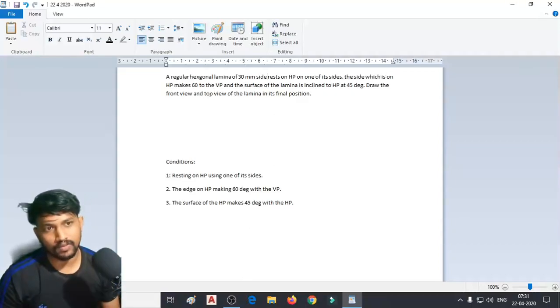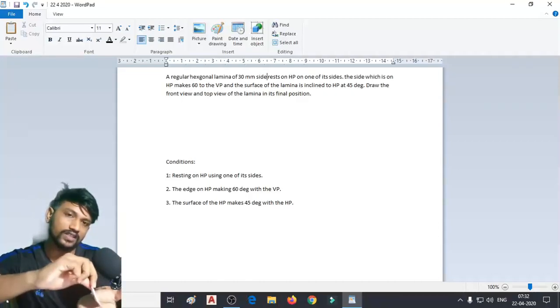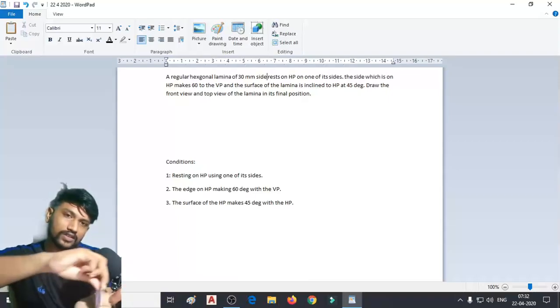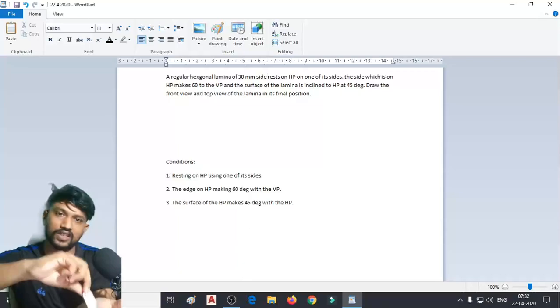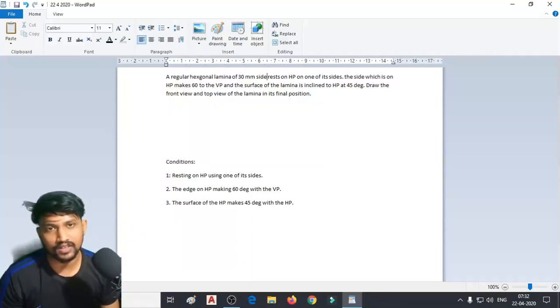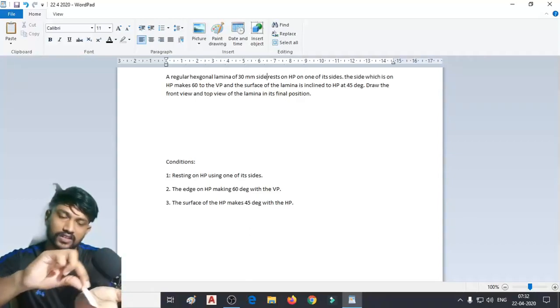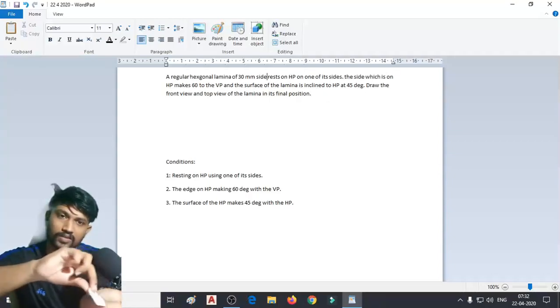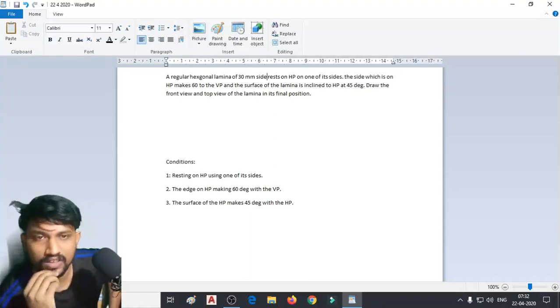If only one side is resting on HP, the rest of the sides are not on the HP, which means it is obviously making a certain inclination with the horizontal plane, right or wrong? Since only one edge is there, the rest of the edges are not on the horizontal plane, so this particular surface is making a certain inclination.